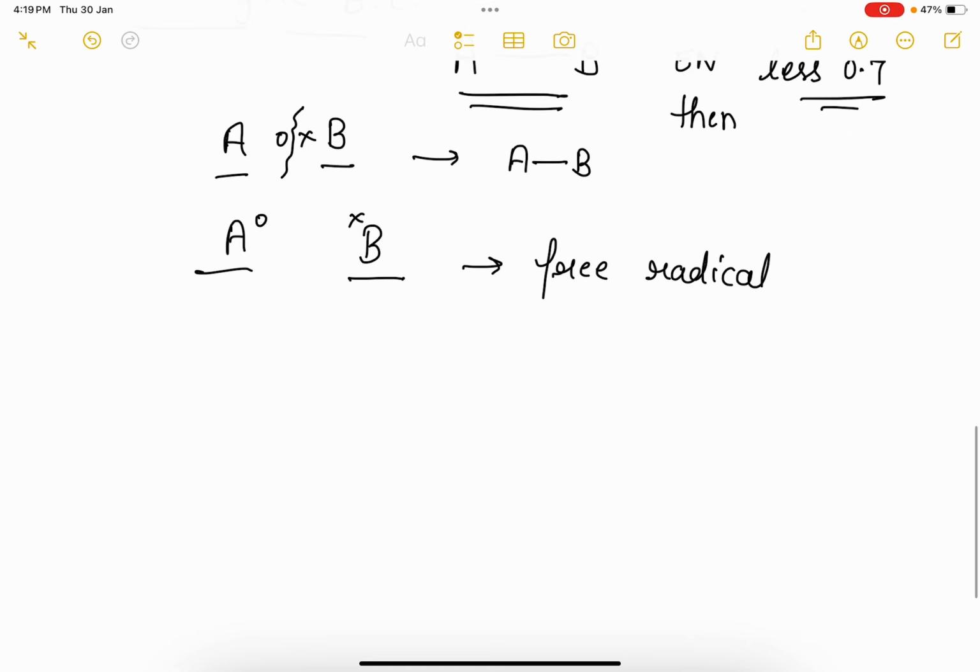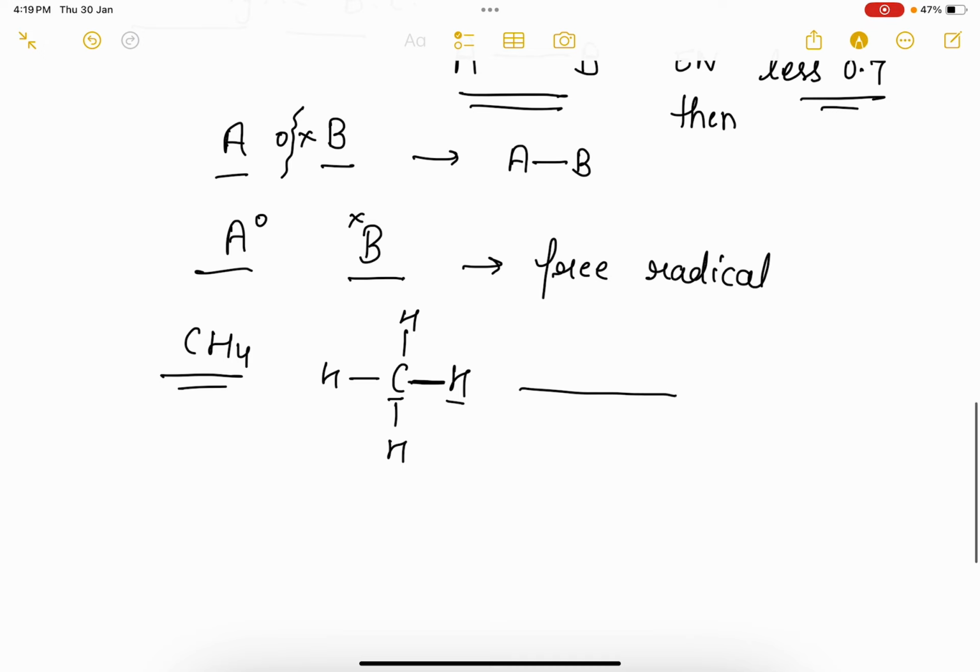Suppose there is an organic compound which is CH4. As you know, this is methane. There are 4 covalent bonds between carbon and hydrogen. We have to break the bond between carbon and hydrogen. In this bond, one electron is from hydrogen and one electron is from carbon.